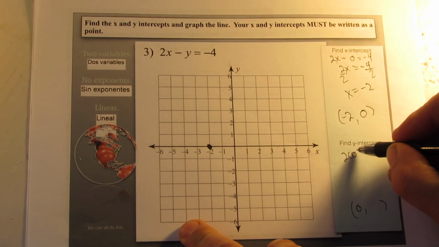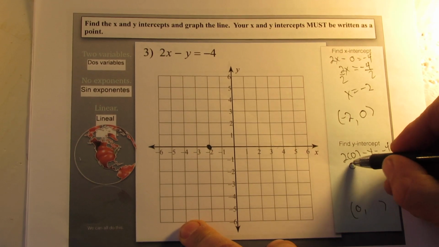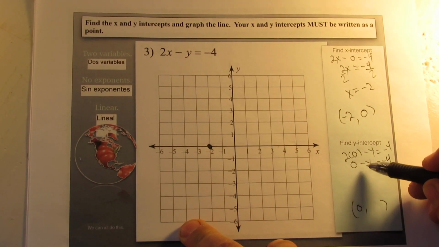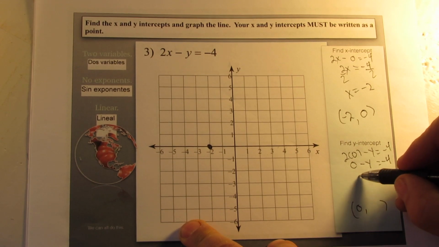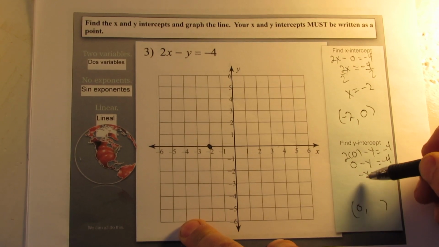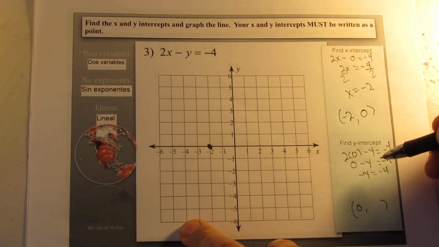2 times 0 minus y equals -4. 0 minus y equals -4. Don't throw away that minus sign again. Remember, that would be negative. So -y equals -4. And here's a case where we have our invisible 1 that we've talked about. So that's a -1y.